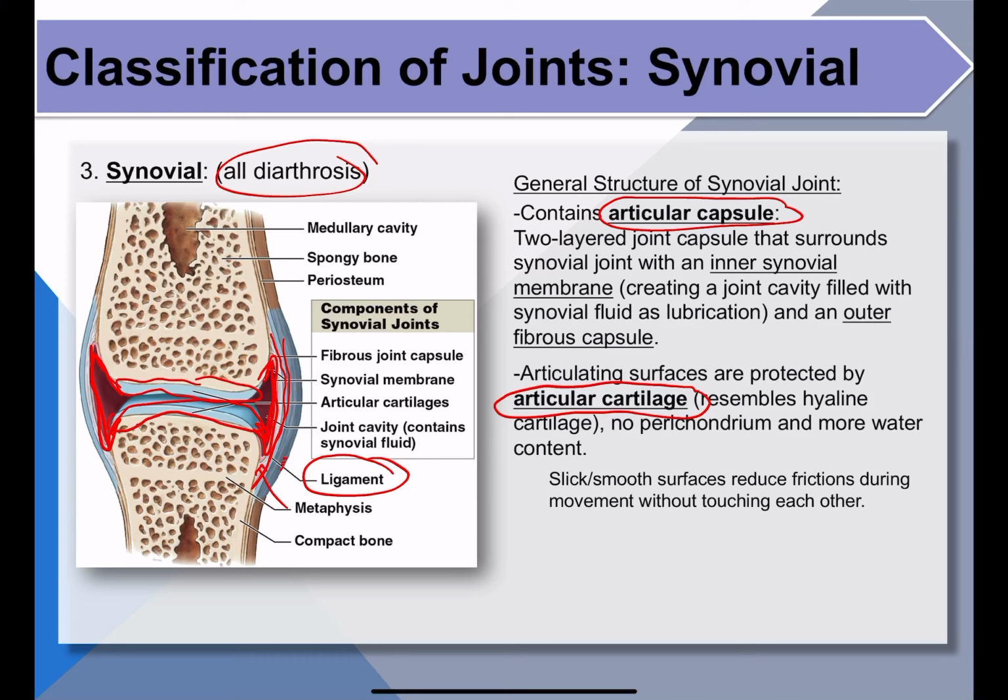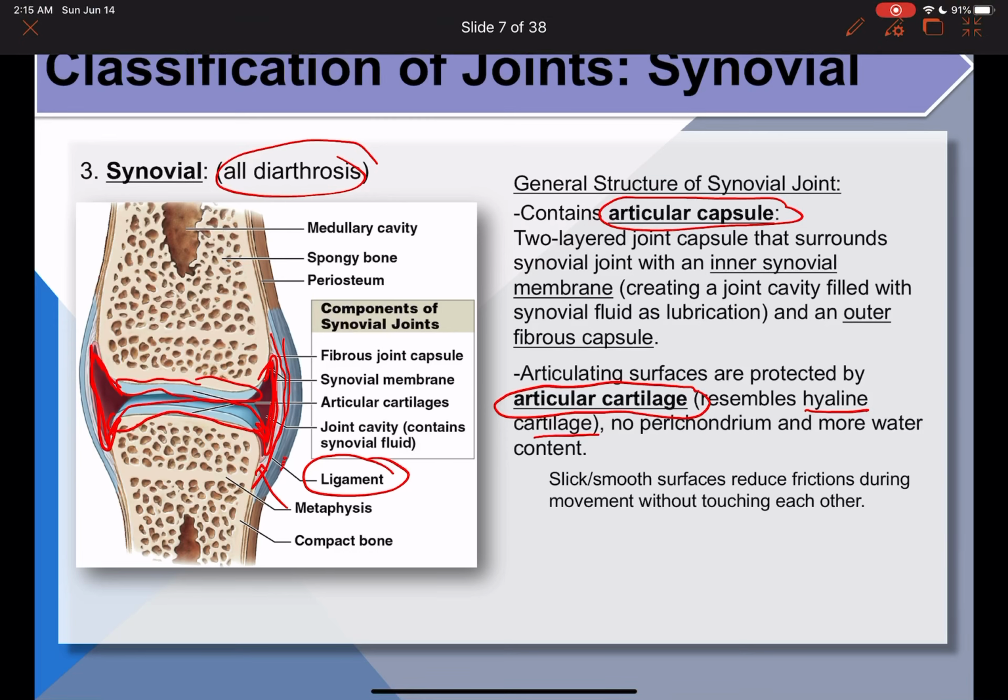Now, the articular cartilage of bones that are forming the joint usually resembles the hyaline cartilage we talked about earlier in chapter 4. Remember, in chapter 4 tissues, we talked about hyaline cartilage, fibrocartilage, and elastic cartilage. So hyaline cartilage is what makes up those articular cartilages. And we'll come back to the idea of fibrocartilage too, because we're going to talk about those intervertebral discs towards the end of the chapter.